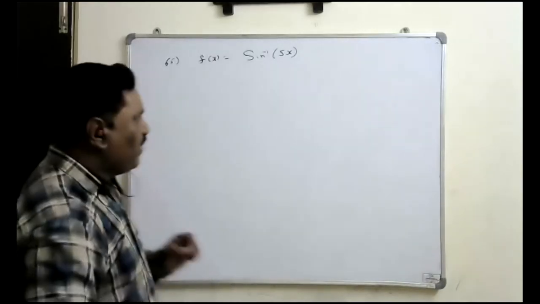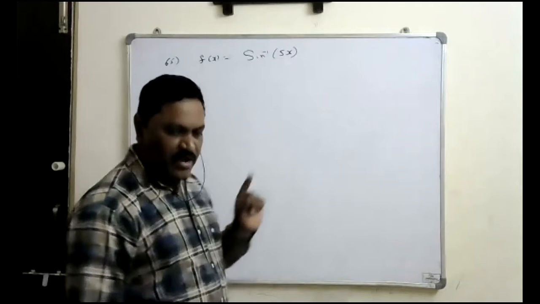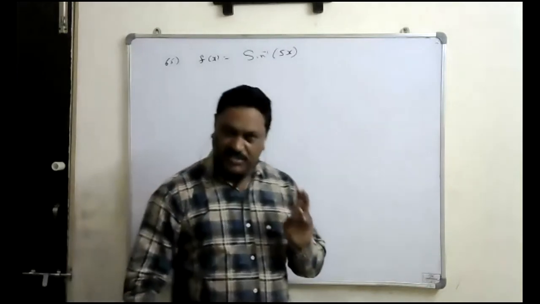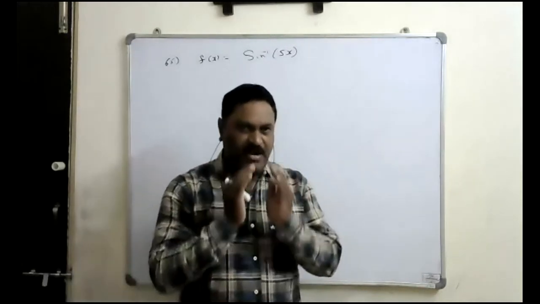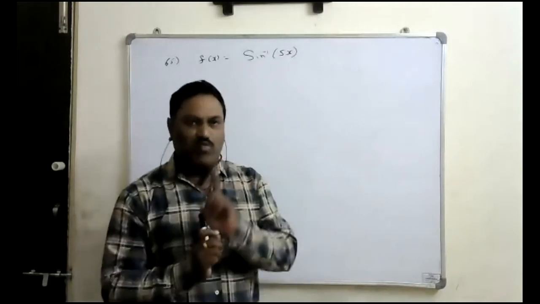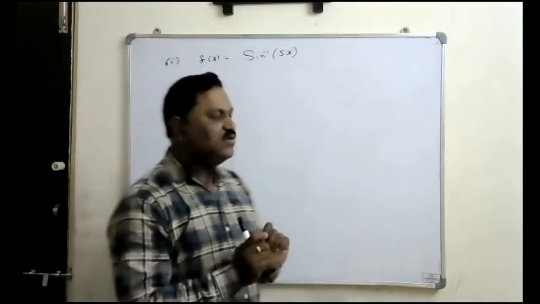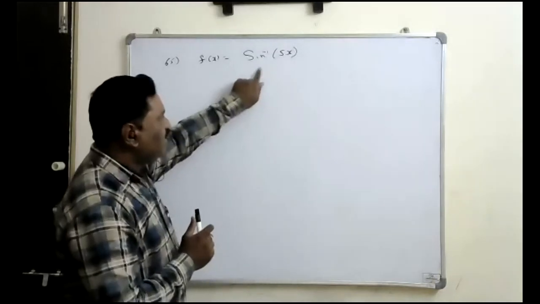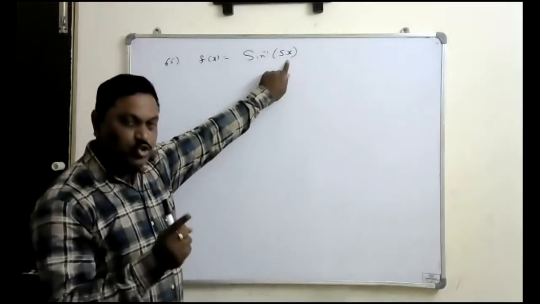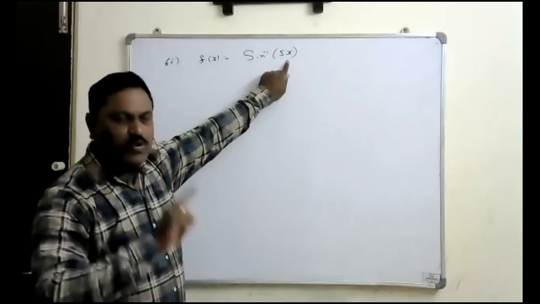To find its domain, just now I have given this condition that whenever there is a sine inverse or cos inverse, inside of that function the value should lie in between -1 to 1. That condition we have to remember, right? So here the condition is that inside sine inverse is 5x, but this 5x should give the value in between -1 to 1.